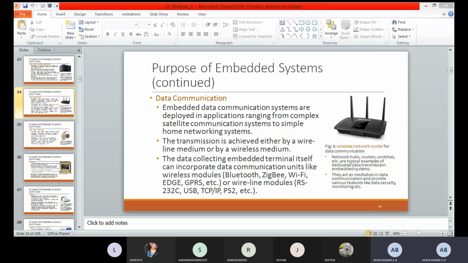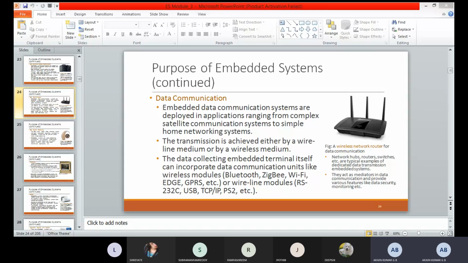The receiver can receive the information from the sensor. Again, the wireless network router will transmit the information to another user. Data communication means nothing but receiving and sending information between two users, two applications, or two sensors.